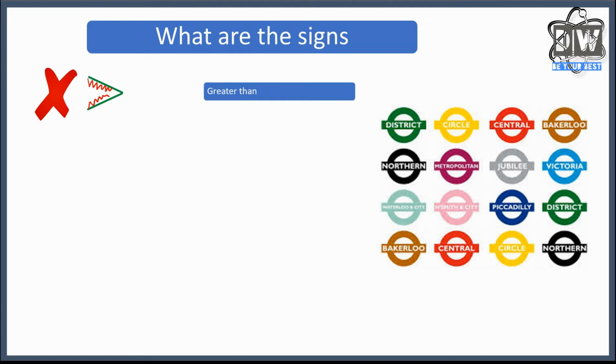So X is greater than, let's say, 8. That would mean that X has to be greater than 8. So it could be any number. It could be 8.1. It could be 9, 10, 11, and so forth.